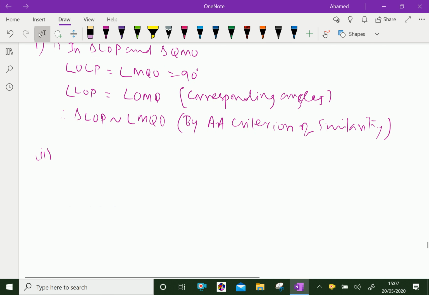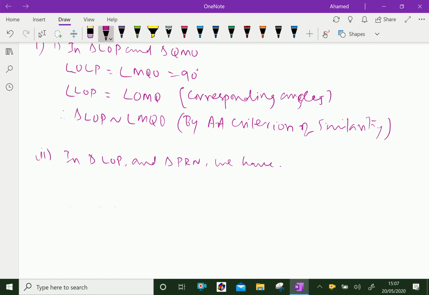Then in triangle LOP and triangle PRN, we have angle PLO is equal to angle NRP.